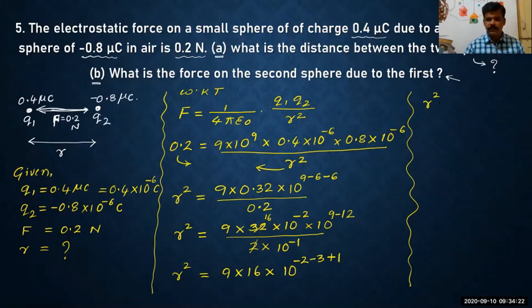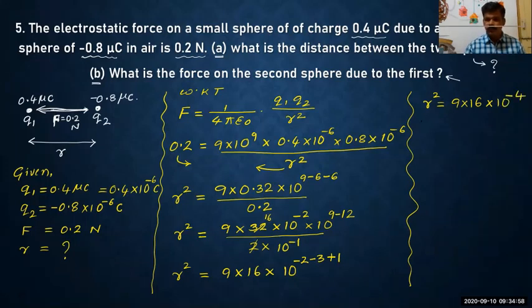So R square is equal to 9 into 16, don't multiply, okay? It becomes very easy. See, till now I have not at all used any calculator. Have you observed me? Whatever the situation is there, in that only I am making the modifications and I am reducing the use of calculator. Okay, then minus 2 minus 3 minus 5 plus 1, it is 10 raised to minus 4.